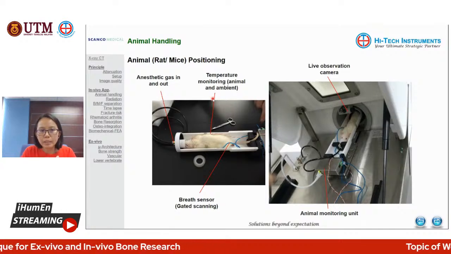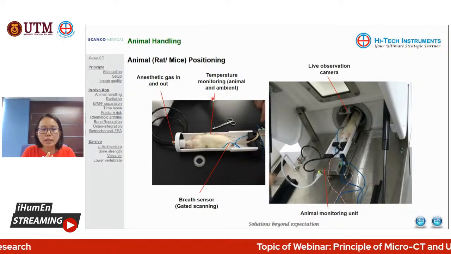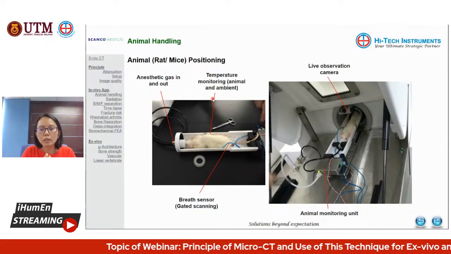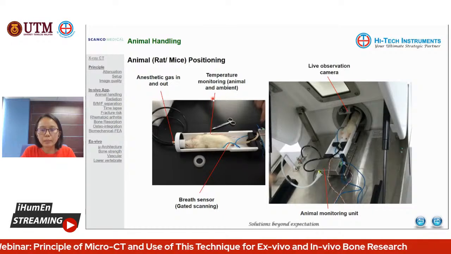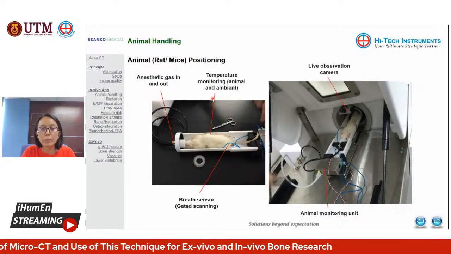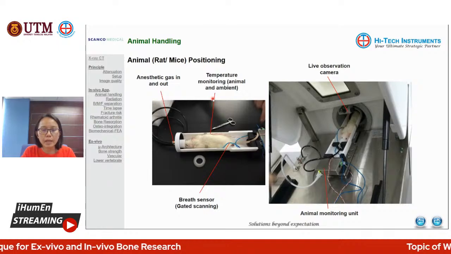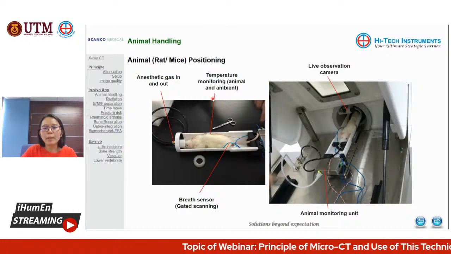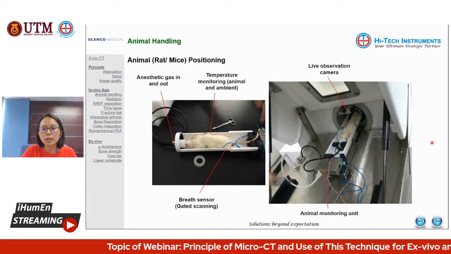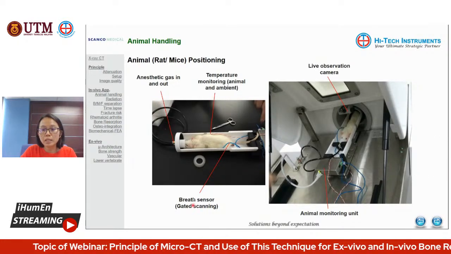And last will be the use of drugs for this anesthetic process. So two commonly used anesthetic chemicals. One would be the ketamine. Ketamine can be administered by IP injection. This is pretty safe and among the most commonly used anesthetics in vet medicine.